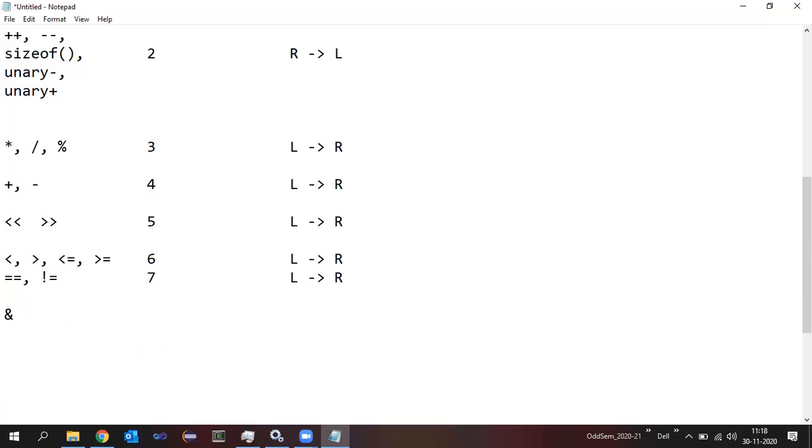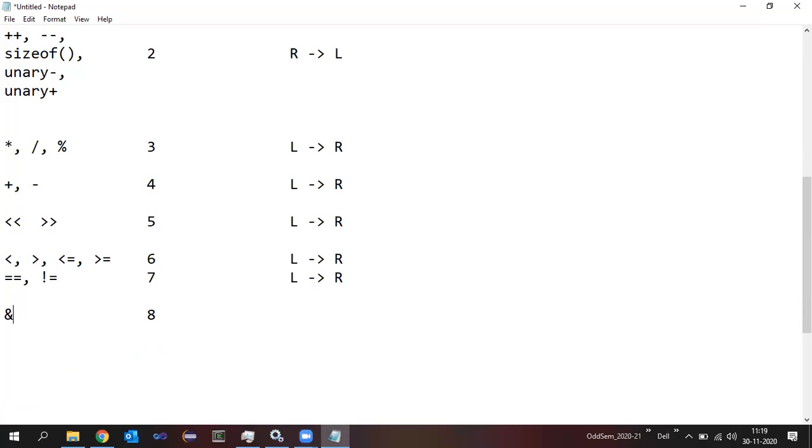Single AND. What is the name of this single AND operator? Ampersand. Bitwise AND.